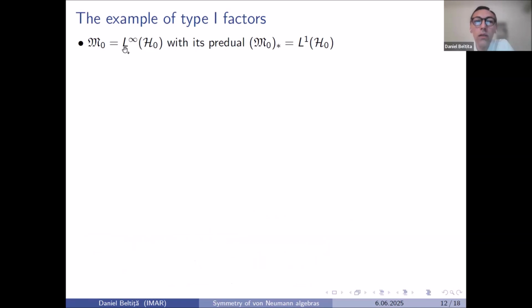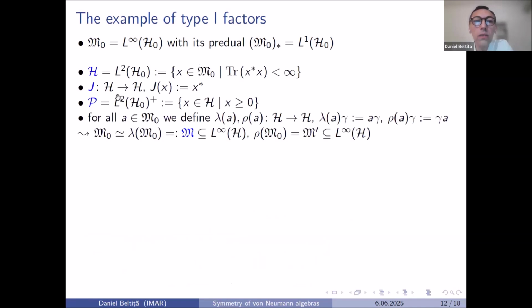So we take the von Neumann algebra of operators on some Hilbert space H0, but as I said before, the tautological action of this on H0 is not standard because the commutant is very small and the algebra is very big. But the standard representation is the representation by multiplication operators on the Hilbert-Schmidt ideal. So the Hilbert space is the Hilbert-Schmidt ideal. The conjugation is the operation of taking the operator adjoint on Hilbert-Schmidt.